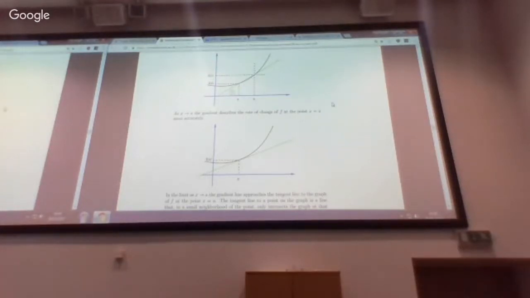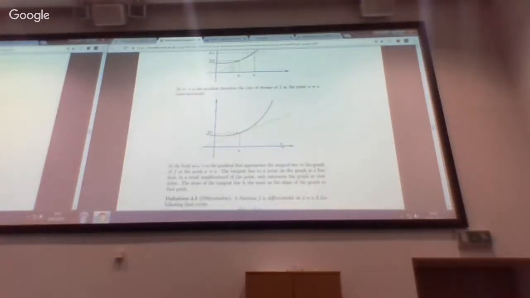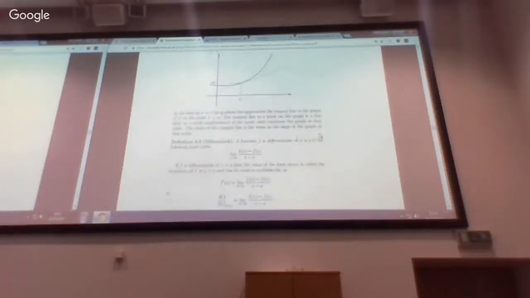Which line is the limit of those green chords as the second point x gets closer and closer to the point A. And for nice enough functions, there is a single limiting line, which we refer to as the tangent line to the function at A. Okay, so those were things we discussed last time.